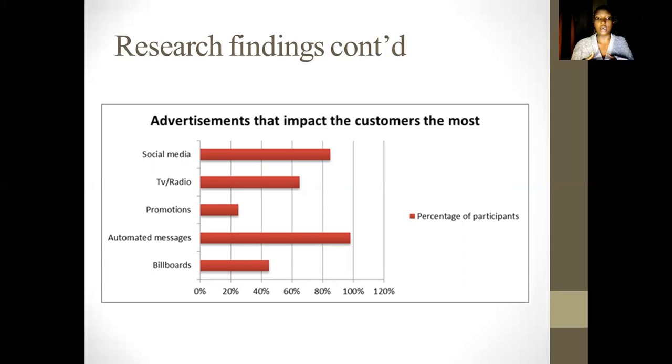As you can see, the following are also automated messages, which have the bigger percentage of 98%. The participants answered that they usually see the ads, or they are reminded to buy airtime, or they're reminded to buy specific bundles or internet bundles through their phones.